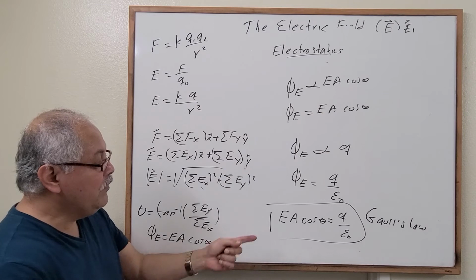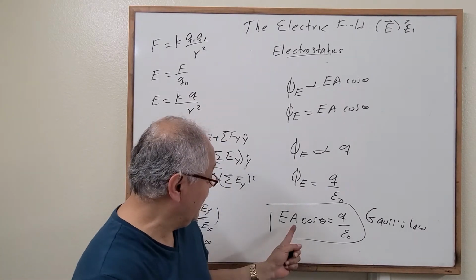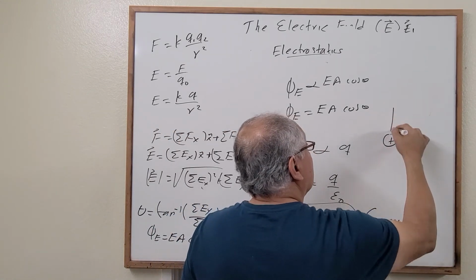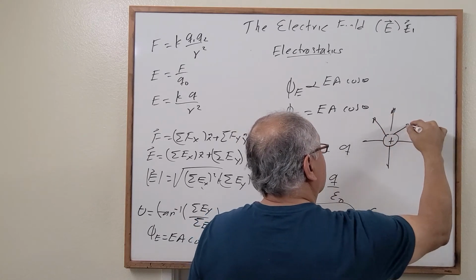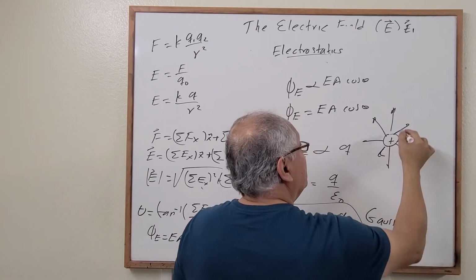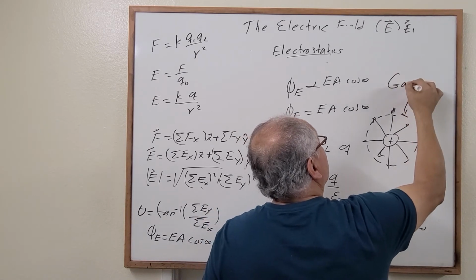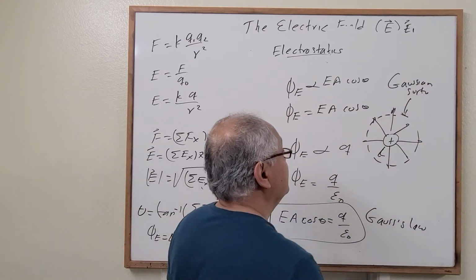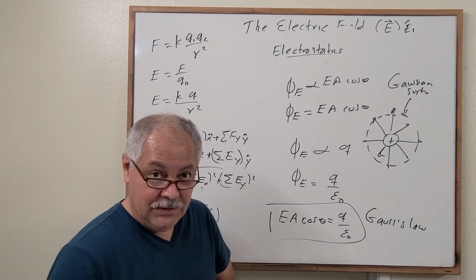Correct? When we apply this, we create surfaces, we have area right here. For example, when we have this point charge, this is the electric field. Now we create a surface. We call this the Gaussian surface. The surface depends on the symmetry, right?